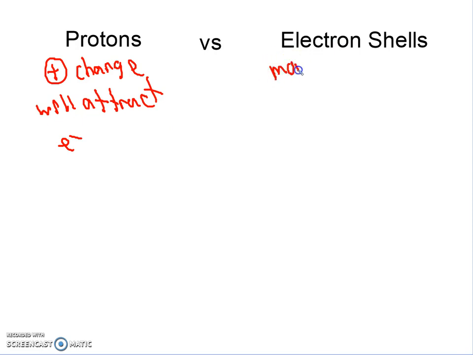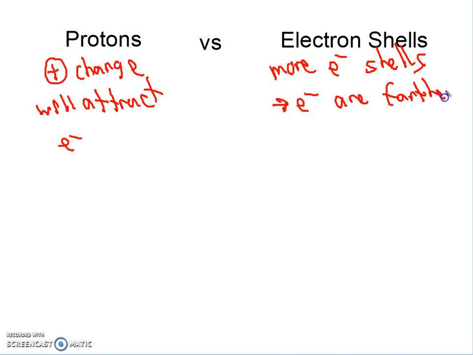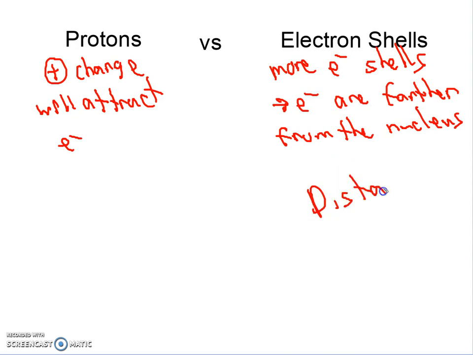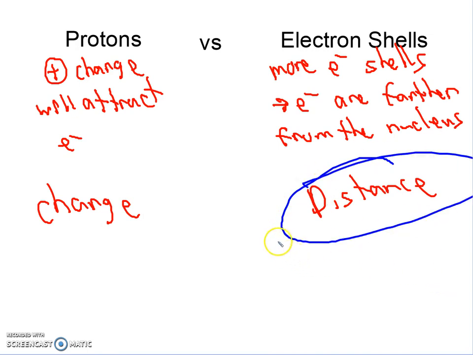Well, if you have more electron shells, then electrons are farther from the nucleus. So this essentially is distance, and protons are affecting the charge. And we reviewed in the beginning of this video that distance is going to have a bigger impact, but both will have an impact. So let's look at periods versus groups.